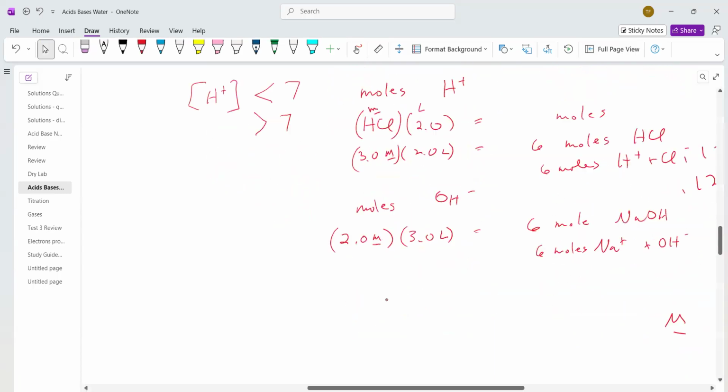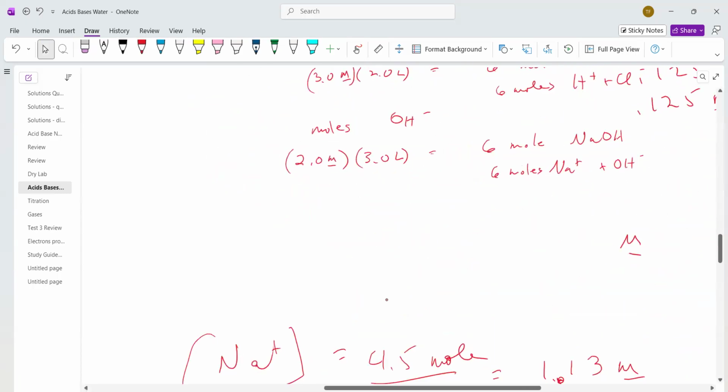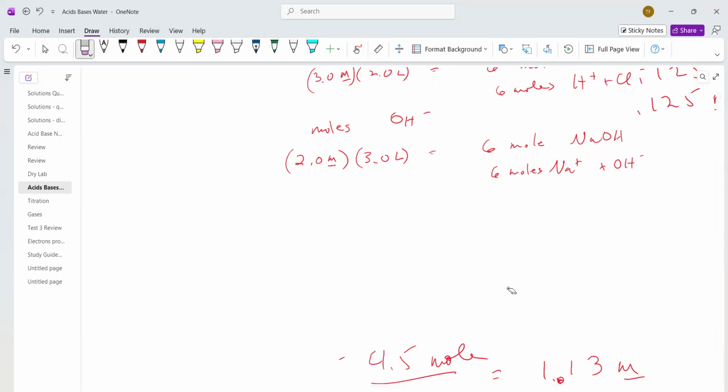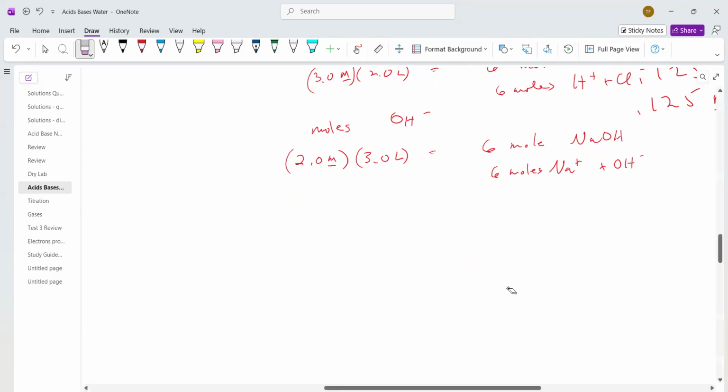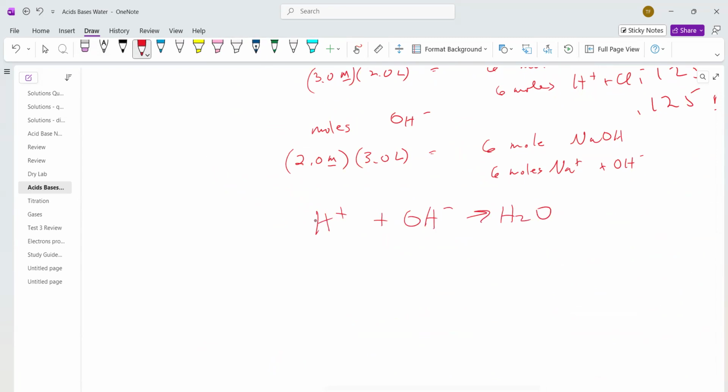Okay, remember now, reaction for water. Because once the H turns to water, the OH changes to water, they're no longer there, they're combined with the water.